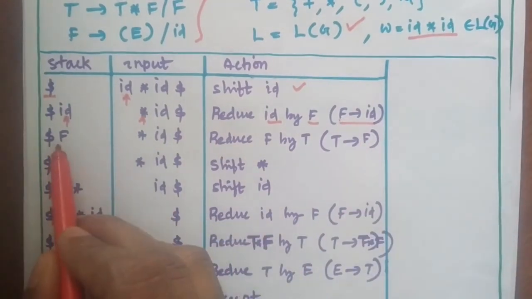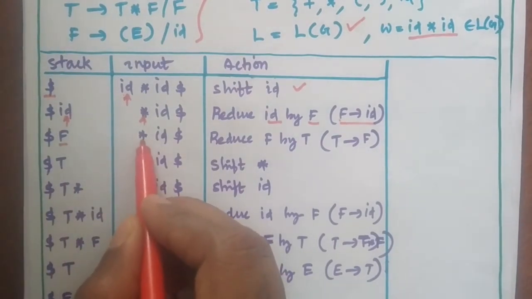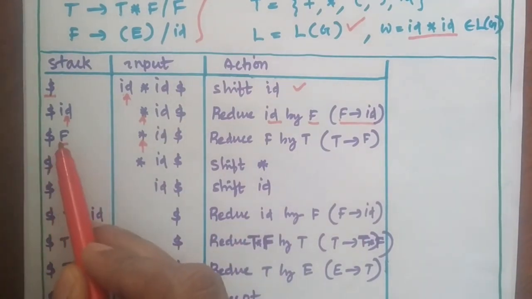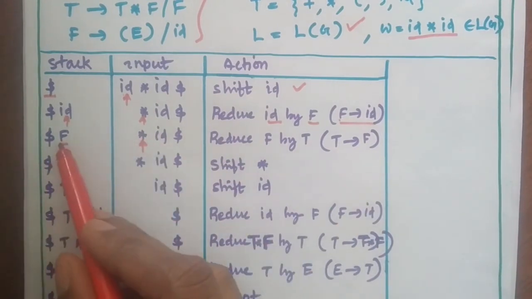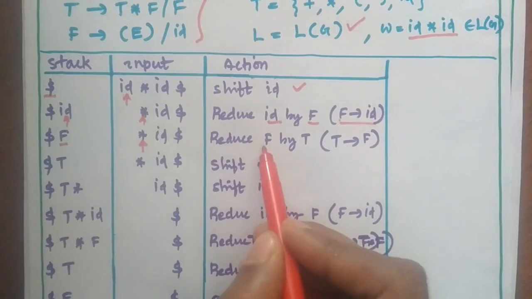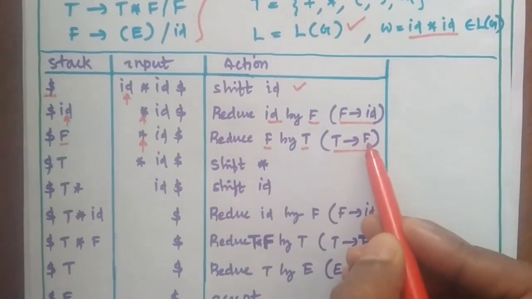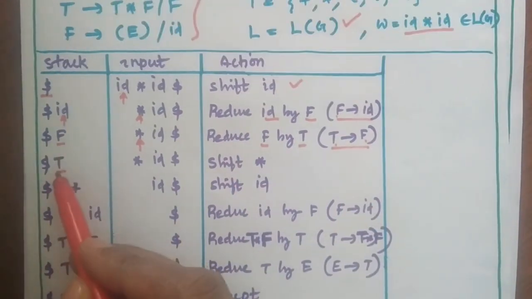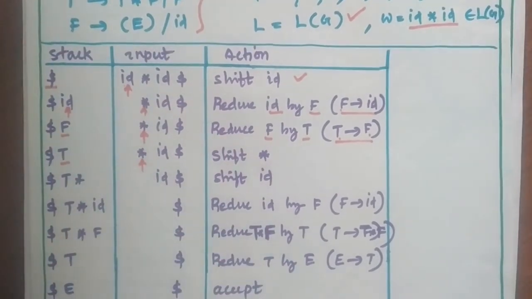So you can see here ID is replaced by F, and the input pointer points to the same symbol, it will not advance. So the stack top is F, the input pointer points to star, again it identified a new handle F, so F is replaced by T using this production, because F is a handle, the right side of a production, replaced by T. So you can see here F replaced by T, the stack top is T, and the input pointer points to the same symbol.